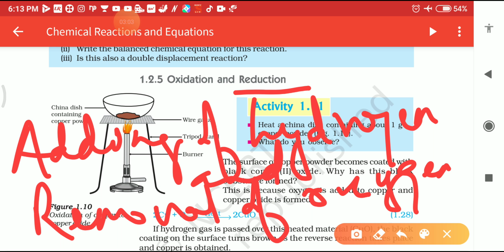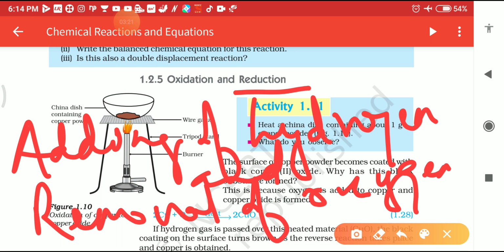Students, agent means which can do the work. You will understand better with the help of an example. I am giving only the definitions here, and these words will come in this paragraph.